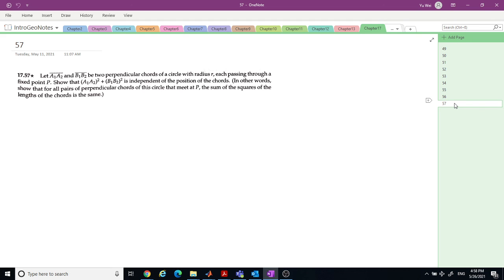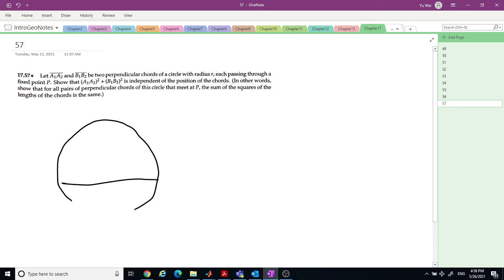Okay, so for the final one, A1A2 and B1B2 are chords. Let's draw the circle first. We have A1A2 and B1B2, which are perpendicular chords, each passing through a fixed point.